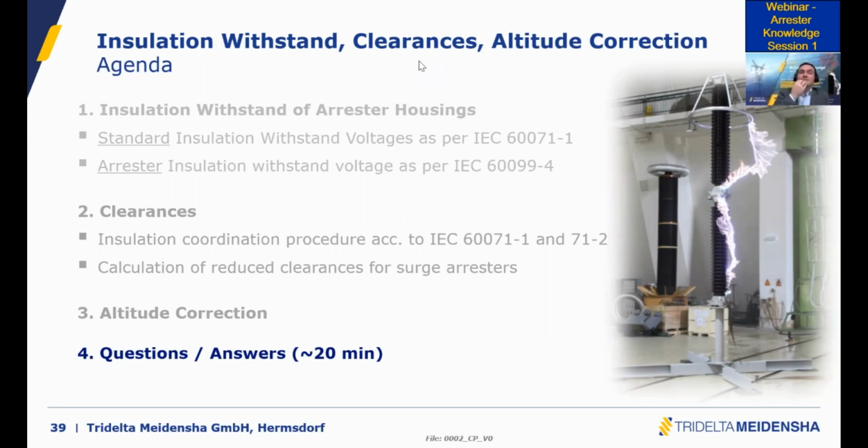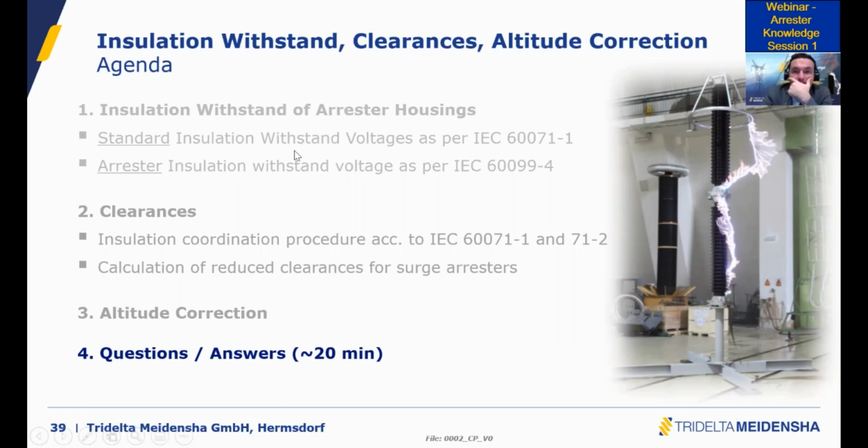Let's begin with one of the first questions. There was somebody asking, it was the first part of your presentation, insulation withstand of arrestor housings. And I think there was a question concerning your wording.